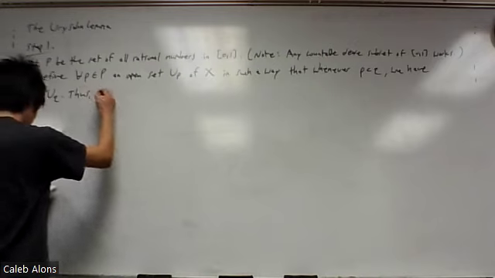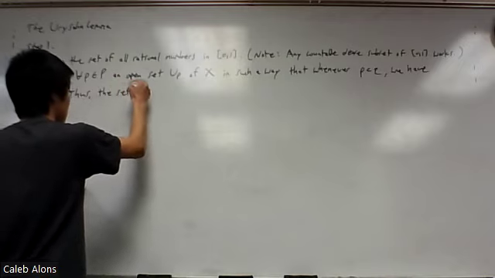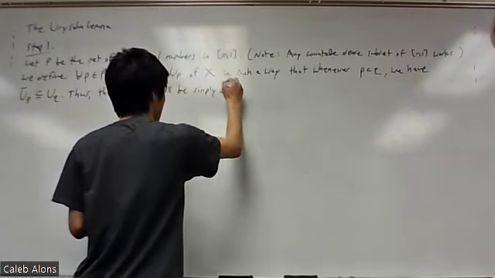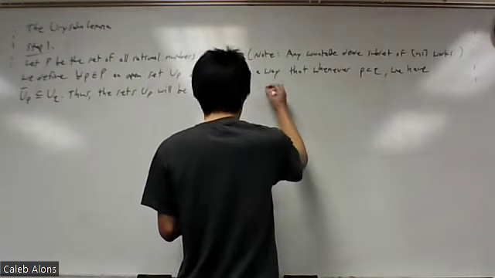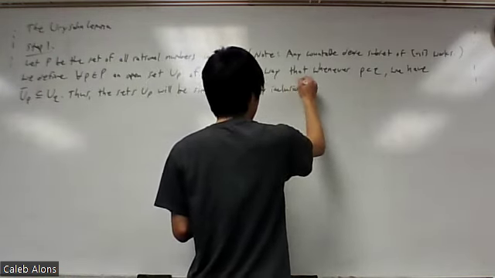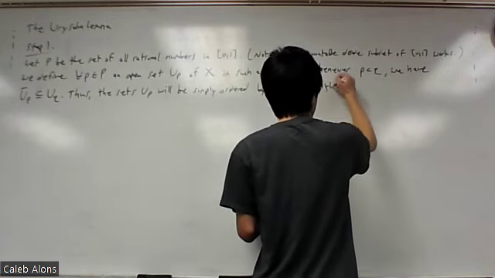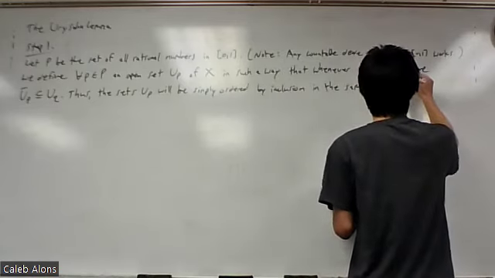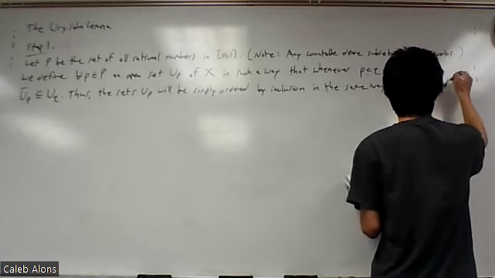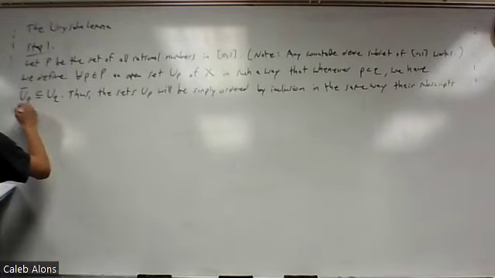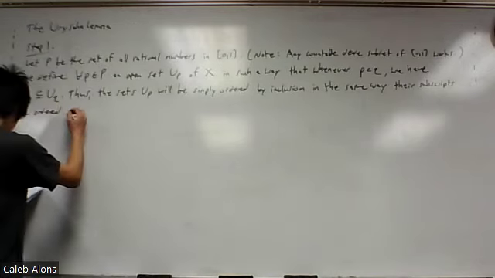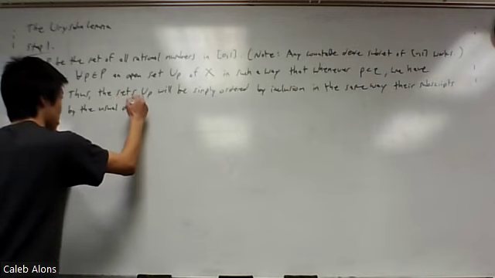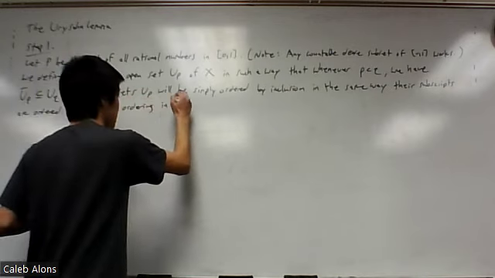So thus, the sets U_p will be simply ordered by inclusion in the same way that their subscripts, which are rationals, are ordered by the usual ordering in R. What's the usual ordering in R?